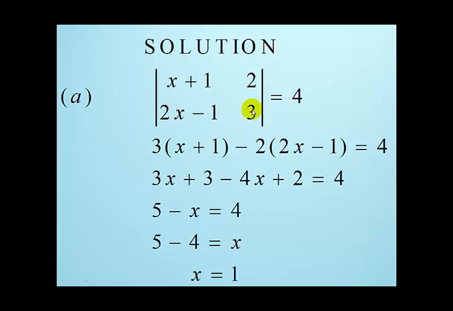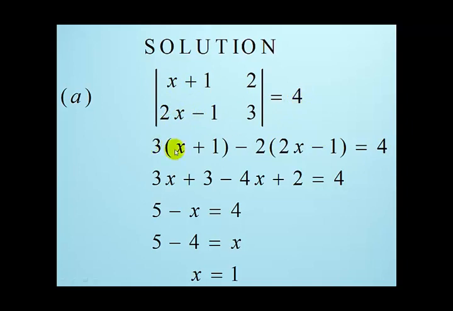So we multiply the first element by the fourth, so we have 3 times x plus 1, minus 2 times 2x minus 1, is equal to 4. I repeat, we multiply 3 by x plus 1, minus 2 by 2x minus 1. We equate the answer to 4.